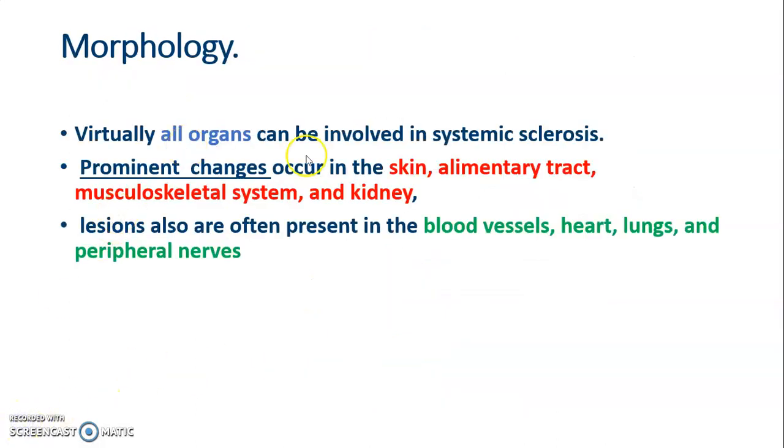All organs can be involved in systemic sclerosis, but the prominent changes occur in the skin, alimentary tract, musculoskeletal system, and kidney. Lesions also are often present in blood vessels, heart, lungs, and peripheral nerves.